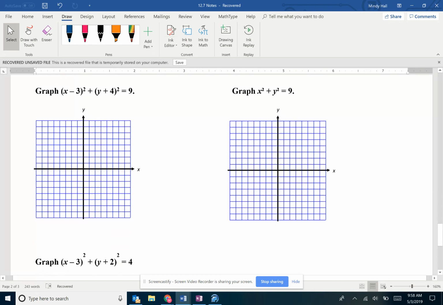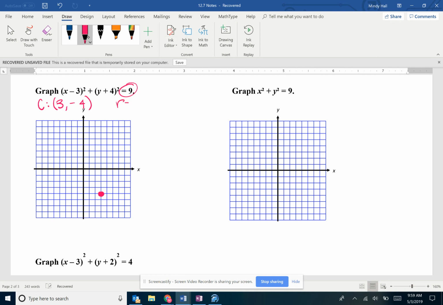So, in order to graph these, some of you may be better off if you try and list your center and your radius. So for all of us, the center is at positive 3, -4. So I'm going to go right 3 and down 4: 1, 2, 3, 4. And then, because of this number, my radius is 3, because the square root of 9 is 3.